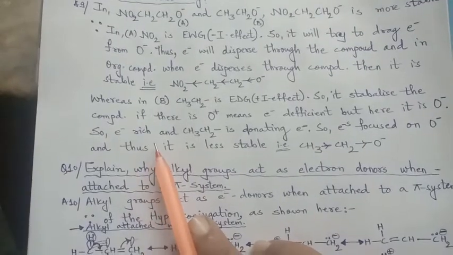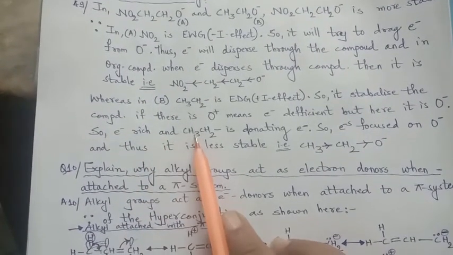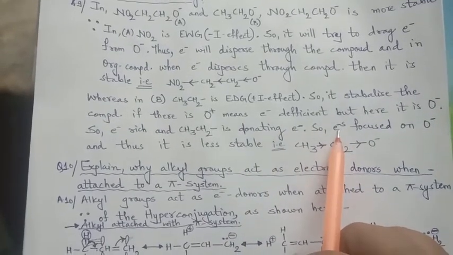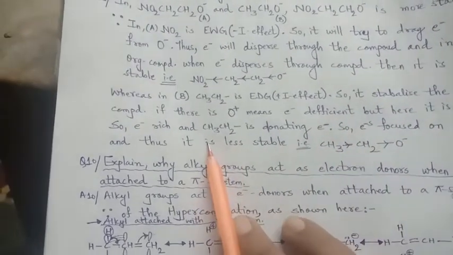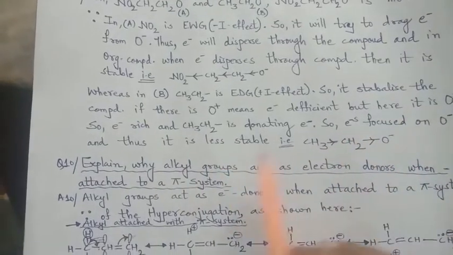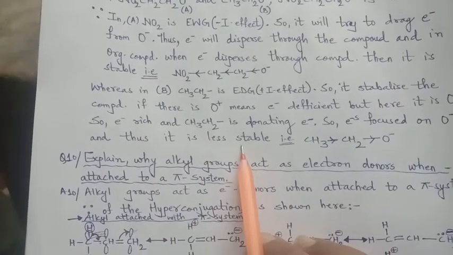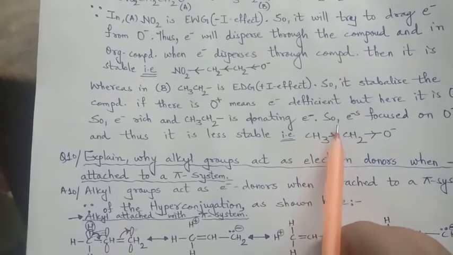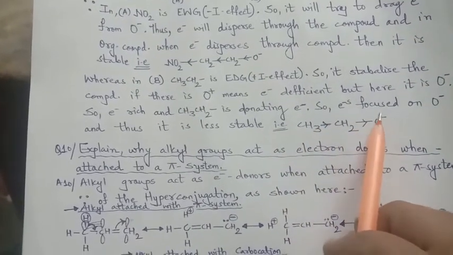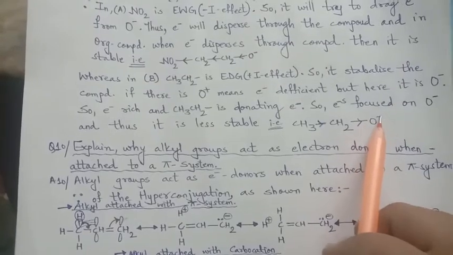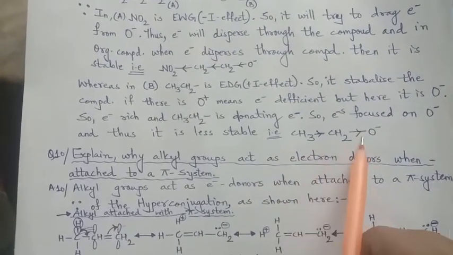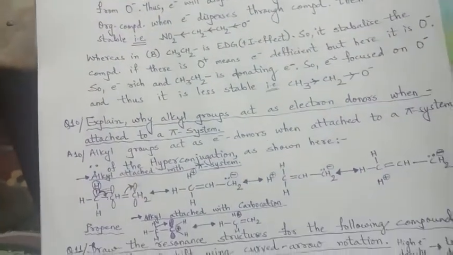So with electron rich oxygen and CH3 CH2 donating electron, electrons will be focused on oxygen minus, that is the negative charge, and thus it is less stable, because CH3 will still be donating electron, and here the oxygen is already rich in electron. So an excess of electron will be there, so stability will not take place as in structure A, right?